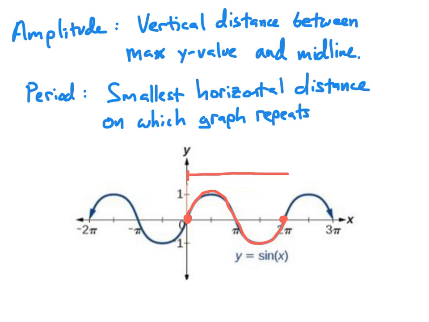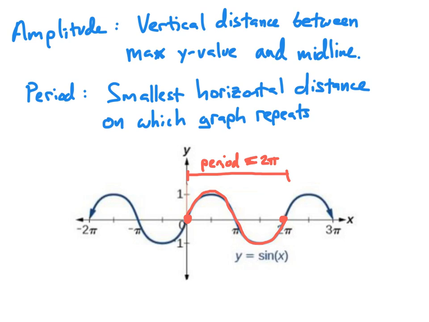Because this is the shortest distance on which the graph repeats, we see that we do indeed have a period of 2 pi units. This is the smallest length on the x-axis where this will repeat, and because it's the smallest distance, that gives us our period.